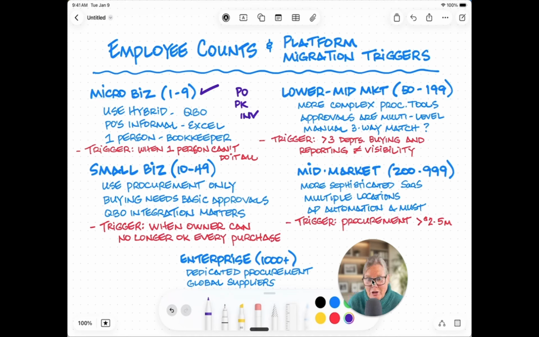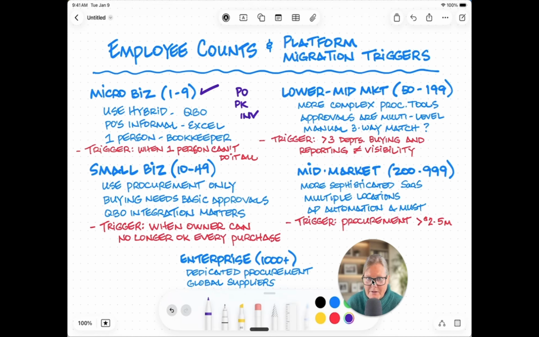Now, if you're still growing and you have maybe two or three departments that are buying independently and the reports aren't really giving you what you need, you might need to go to something even more sophisticated. Now, I have here mid-market businesses, 200 to 999 employees. That's just an estimate. But in that instance, maybe you have multiple locations or multiple entities.